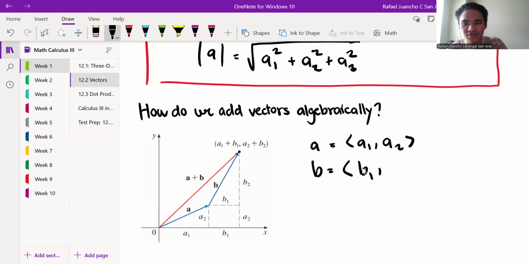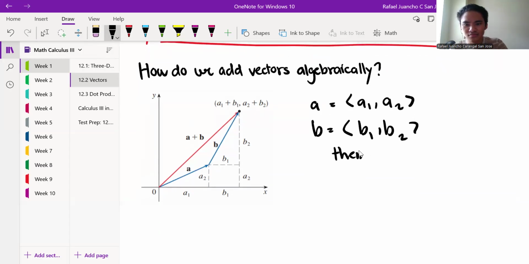B is B1, B2. Then their sum is obviously, I'll put like a then. Then A plus B is this thing, obviously, which we have seen in the previous one.